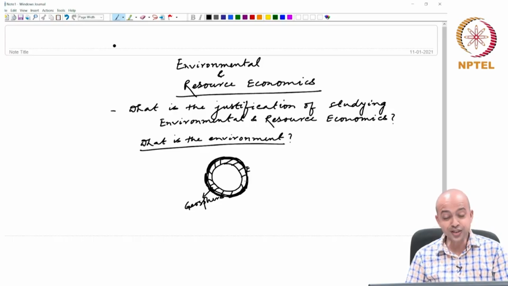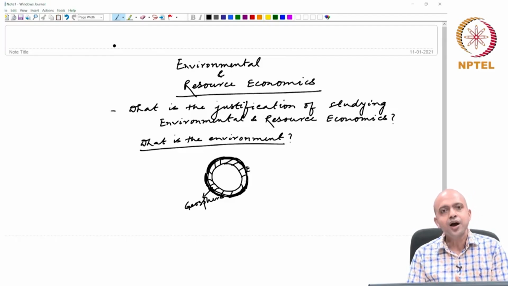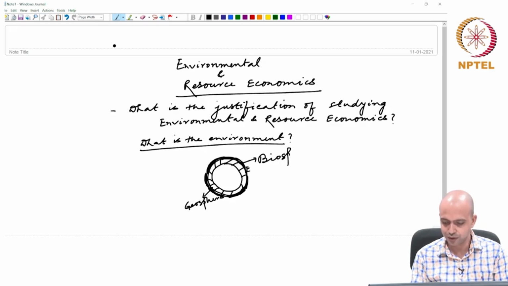What is this outer skin called? Where all of us, the human beings, all other living animals, living creatures, flora and fauna, we all live, is called the biosphere.